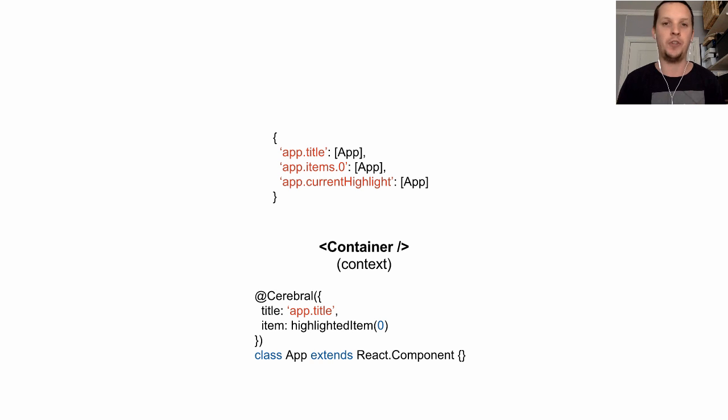Should component update returns false. But if there are new properties passed into the component, it will check if those properties have changed and then allow the component to update itself. Or if this container specifically tells the component, okay, now you should actually re-render, it will also do that.